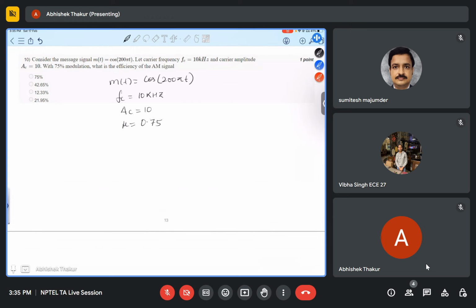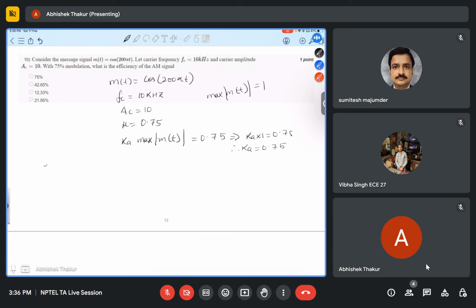What is the efficiency of the AM signal? So modulation index is given as ka into maximum of m(t), that is equal to 0.75. And here maximum of m(t) is equal to 1. So ka into 1 is equal to 0.75. Therefore ka is equal to 0.75.